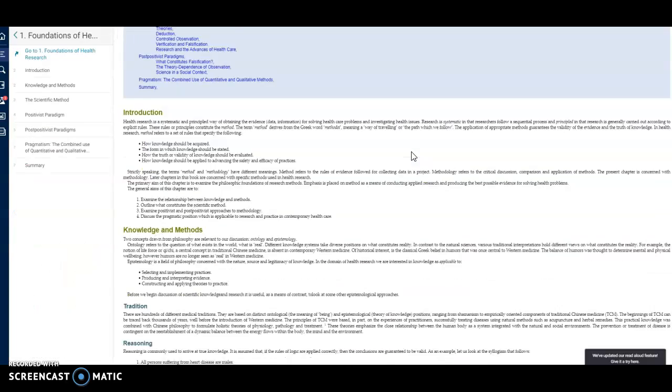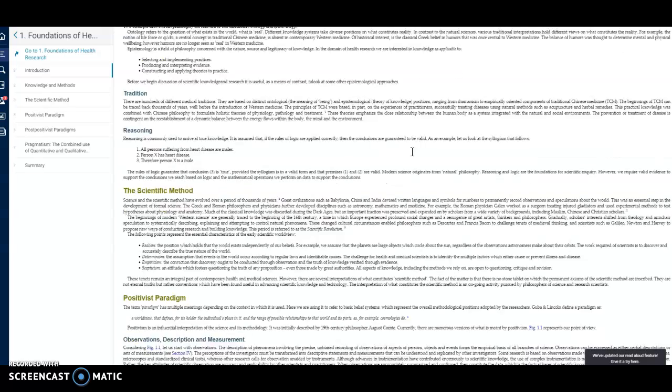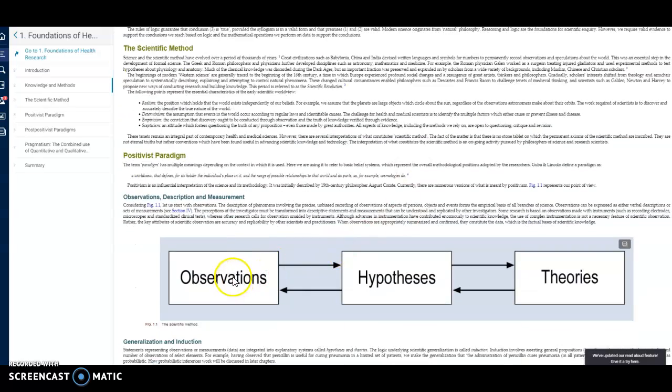So when I look at our first 3 chapters, what hits me right off the top is the observations, descriptions, measurement. This visual here tells me how the scientific method usually works: from observations that we make, and then we develop a hypothesis, what we think, and then we develop those theories based on the hypothesis and the observation.